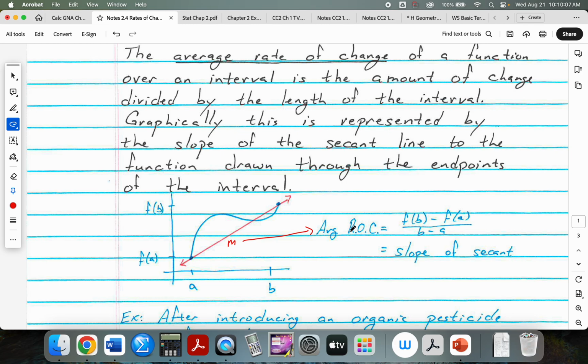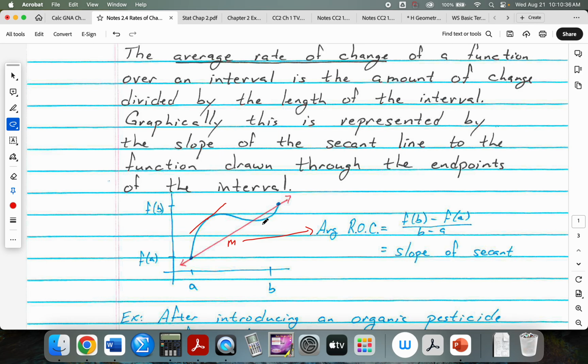I want you to notice a couple of things. Because I drew this as a continuous function, and this is something we'll do later on, you don't need to think about it very much right now, but notice if I go right about there, there's another place where the rate of change at this point is equal to the rate of change on average.